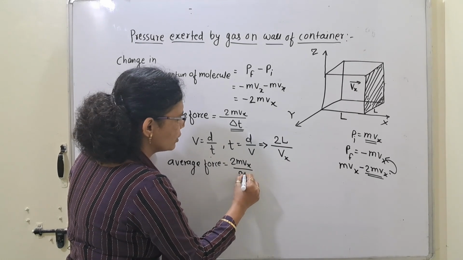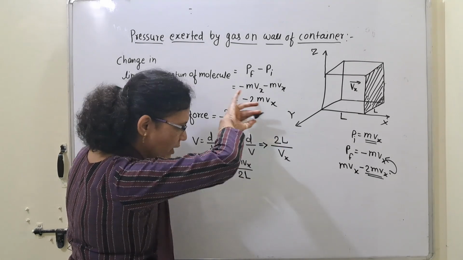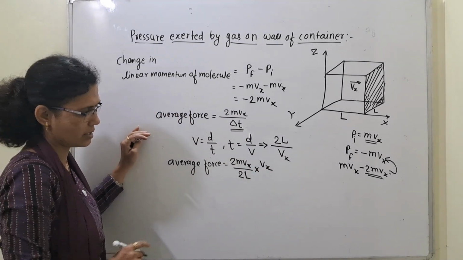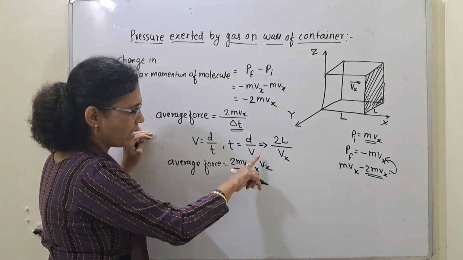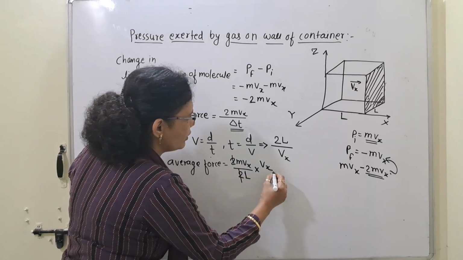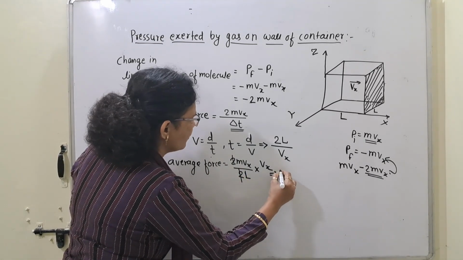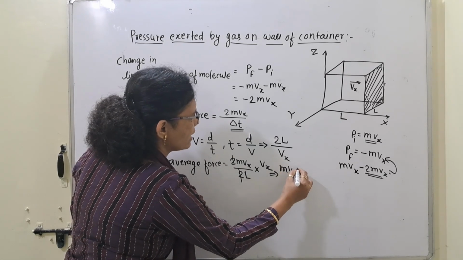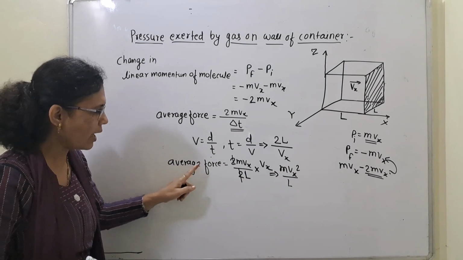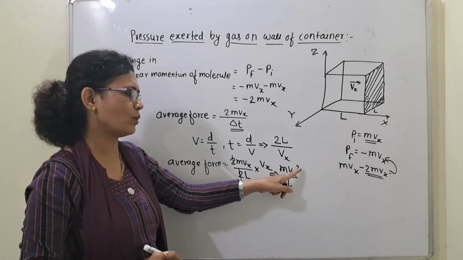So I will write here 2L, and this vx will get cross multiplied. Therefore, here that will be vx. So 2m vx square upon 2L. The 2 will get cancelled. What will remain here? It will be m vx square upon L. This is the average force, that is mvx square upon L.